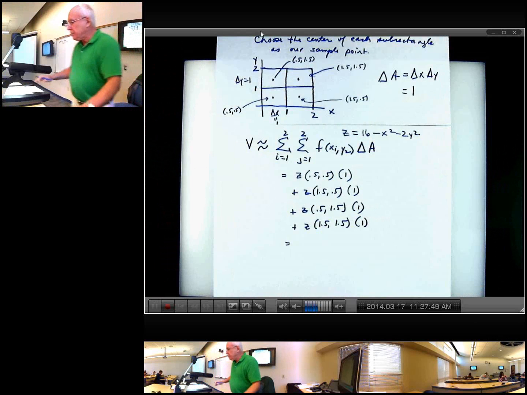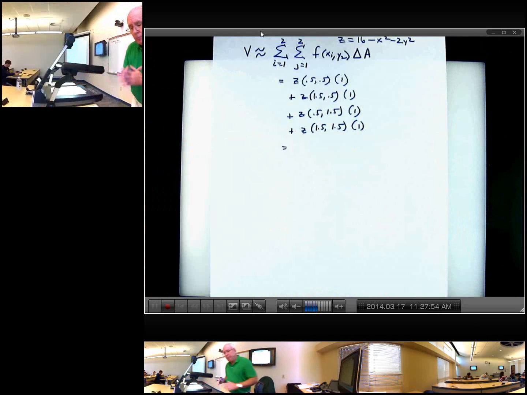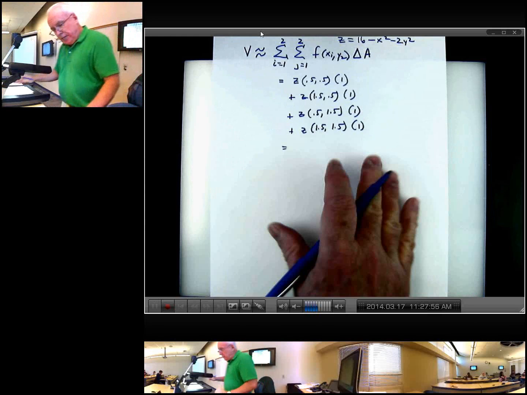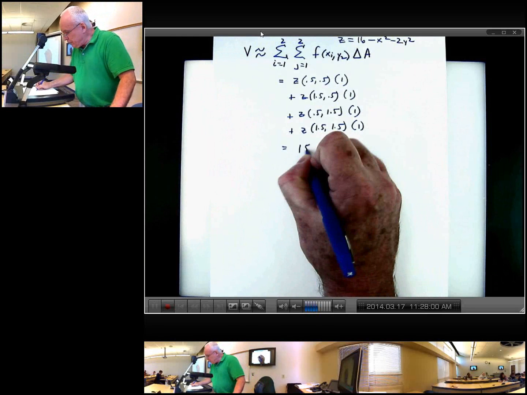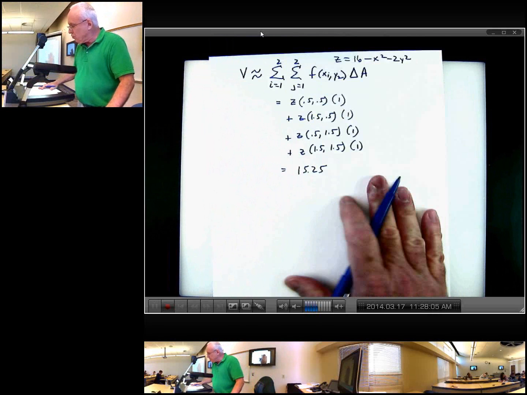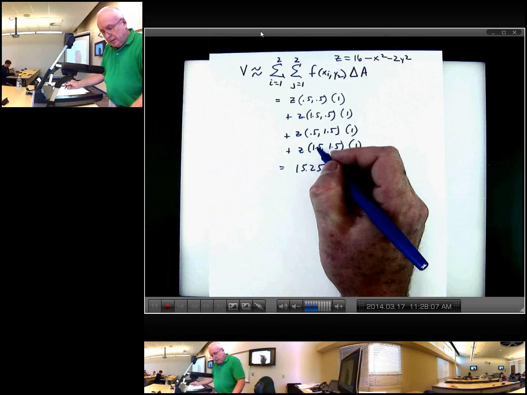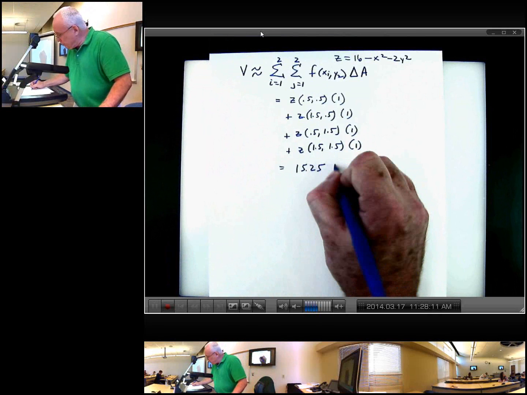So then we just have to plug this into our calculator or just do the arithmetic, and we get the following. So we get 15.25 for the first one, plugging it into our z. Second one, we get 13.25.